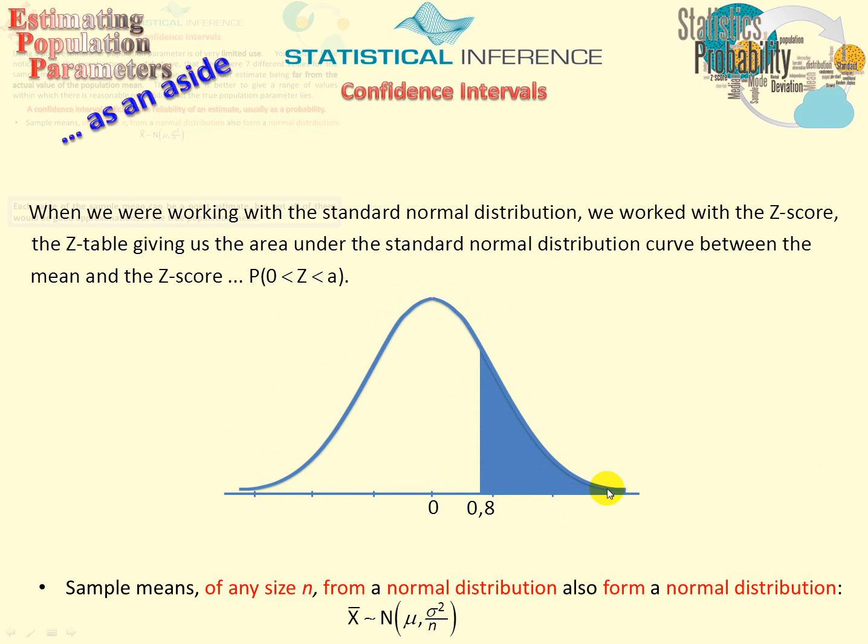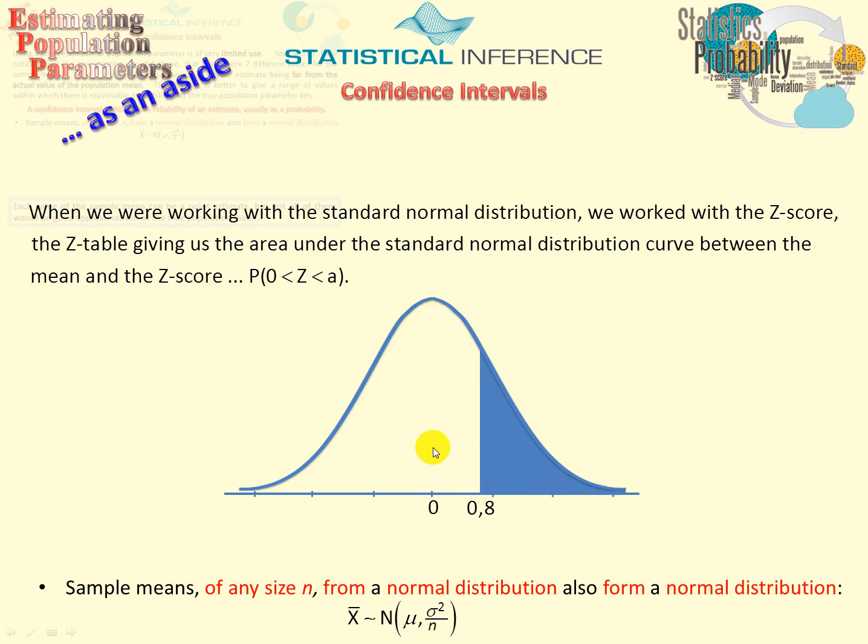Now, that's on the right of 0.8. We have to be careful, because the z-score table gives the area between 0 and 0.8. But we do know that the area under the standard normal distribution curve is 1. Therefore the area under a half is 0.5.